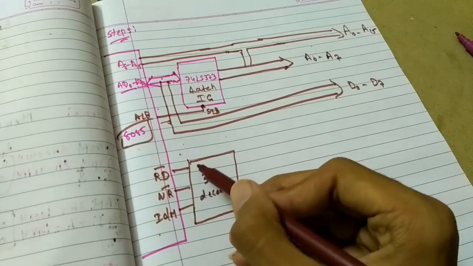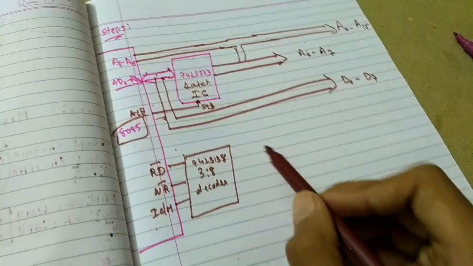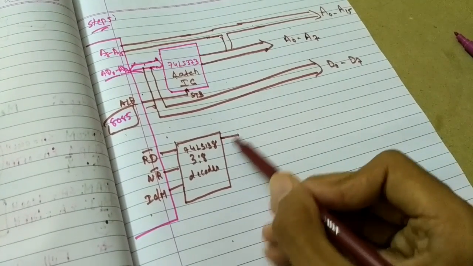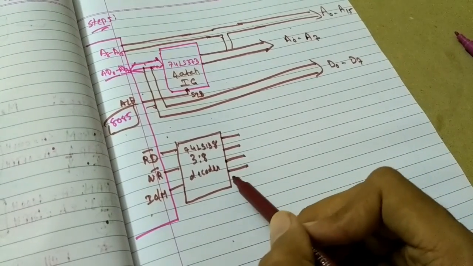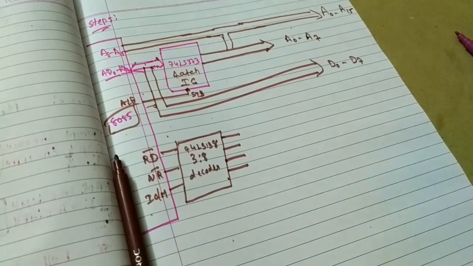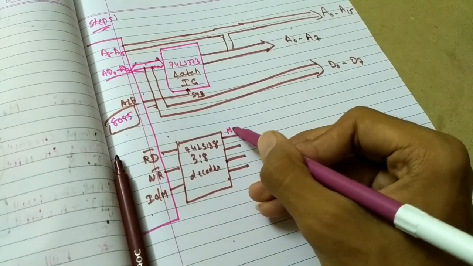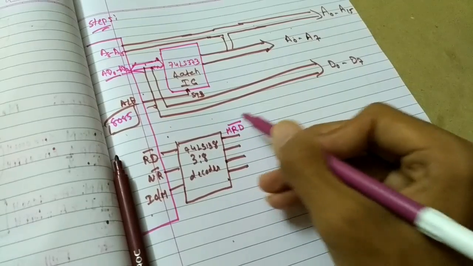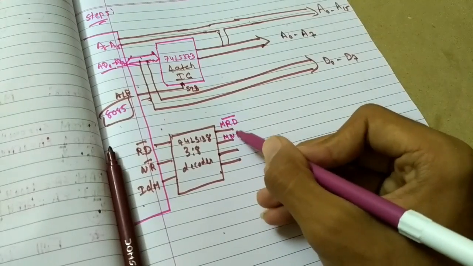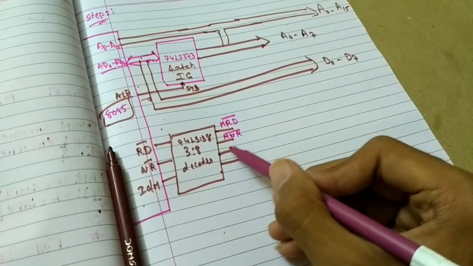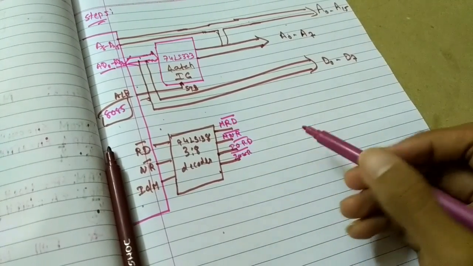This IC is 74LS138. Now 3:8, so it has 8 outputs, but we will not use all 8. We will use only the outputs which are required, and the remaining are left as they are. I hope all of you are familiar with digital electronics. So this will give memory read, memory write, IO read, IO write, and other combinations.